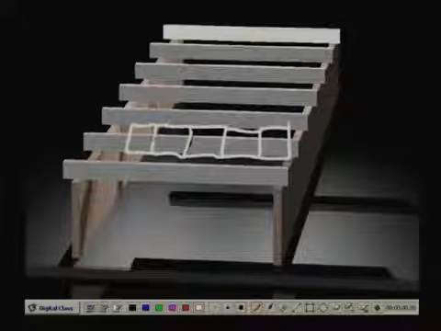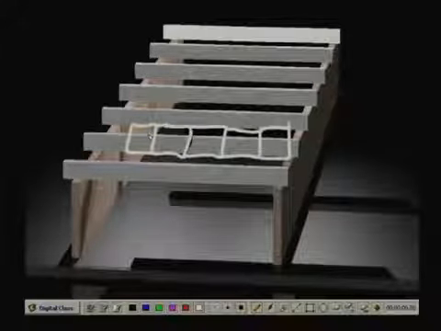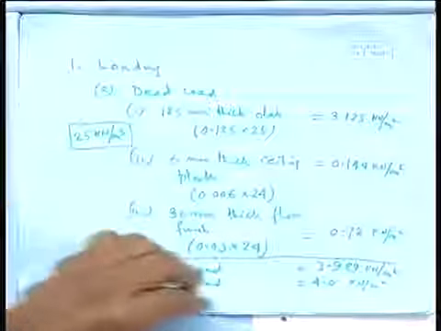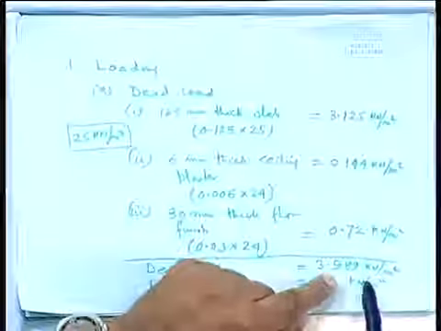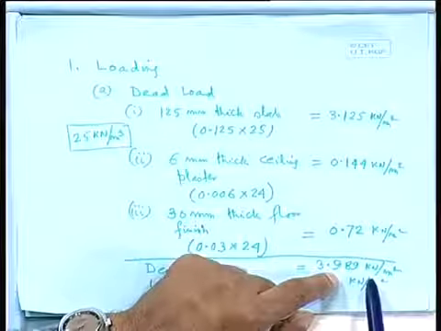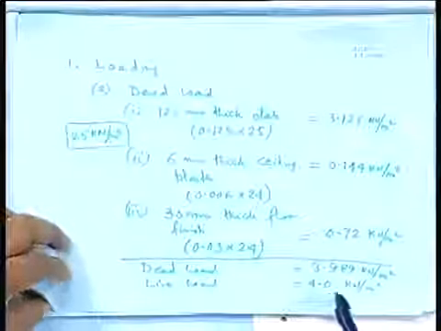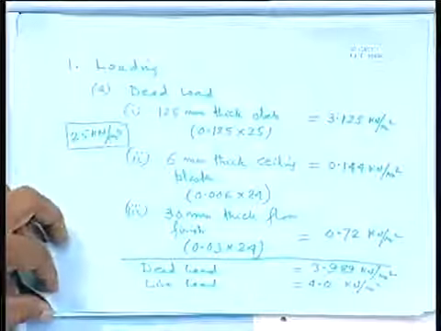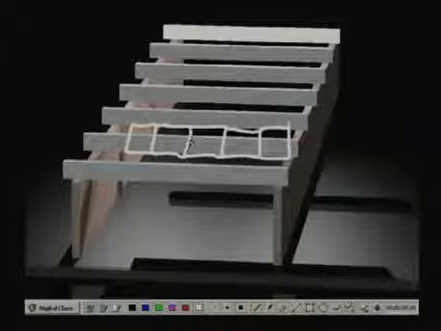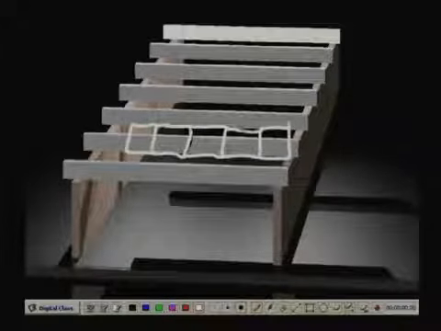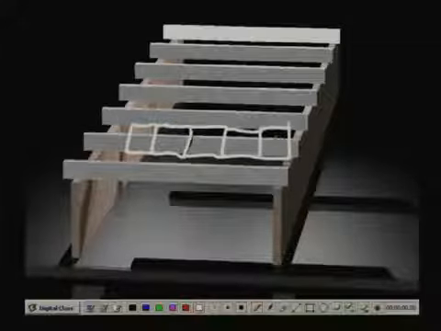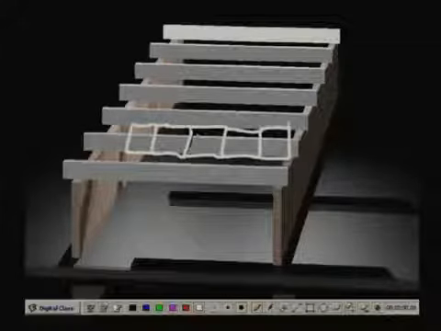So, we can get the load 3.989 kilonewton per square meter for dead load, and for live load 4 kilonewton per square meter, which you are getting within this area. Within this area you are getting this load. Okay.